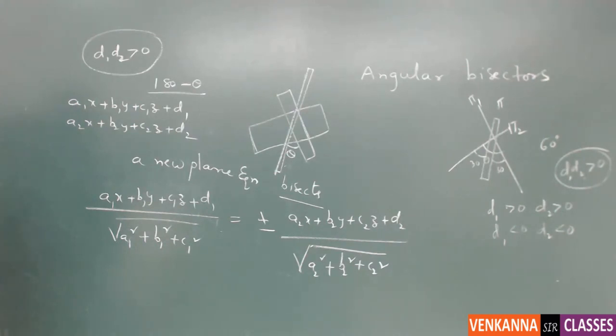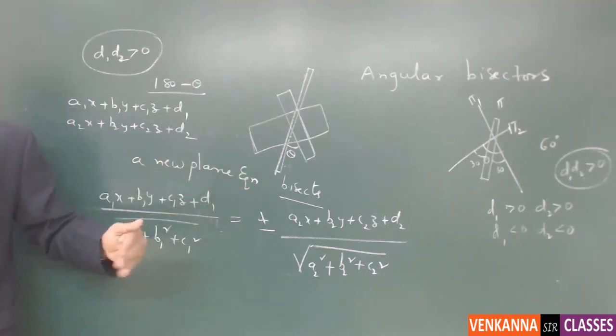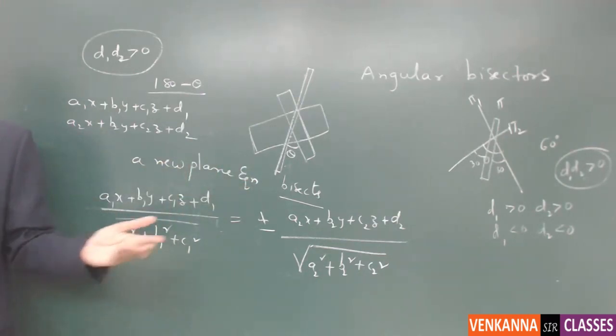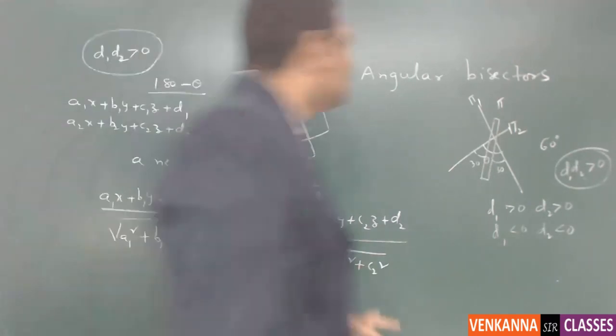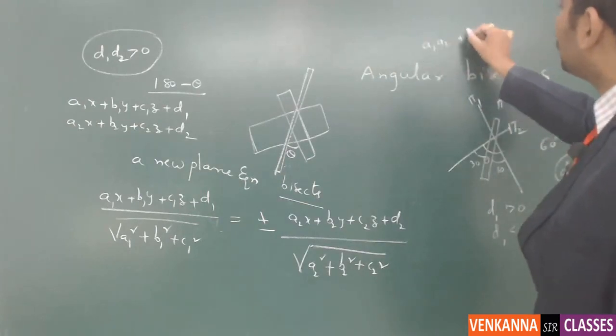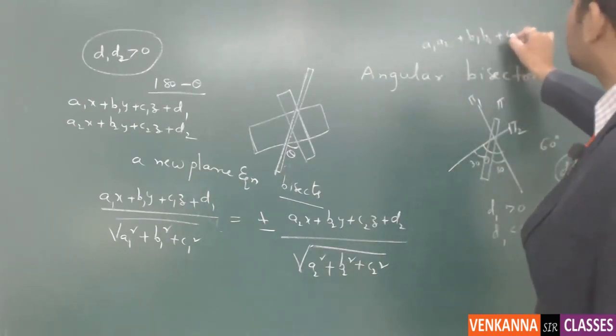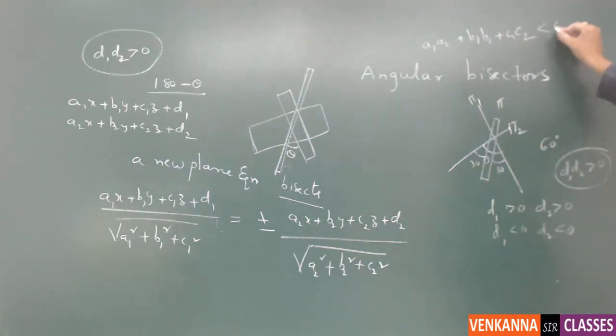Right. Another thing is, if you want to know on what side the origin lies, is it lying on the acute angle side or on the obtuse angle side? For that it is very simple. We simply calculate a1 a2 plus b1 b2 plus c1 c2. If the value is negative, origin lies on the acute angle side.